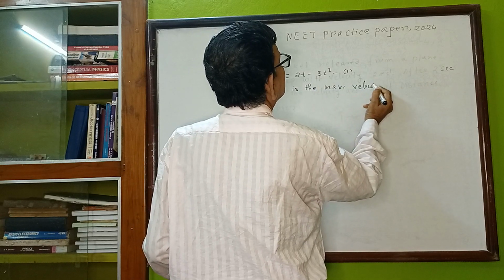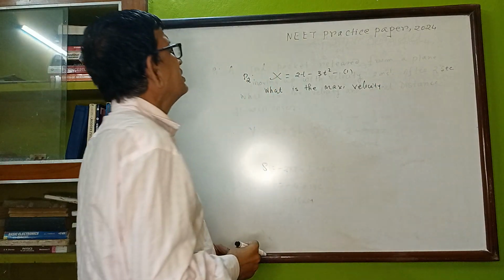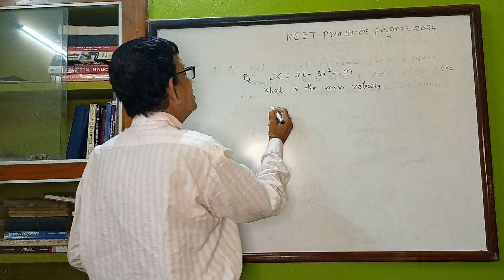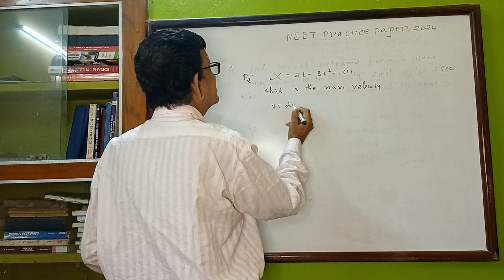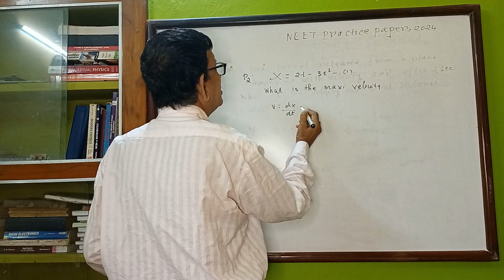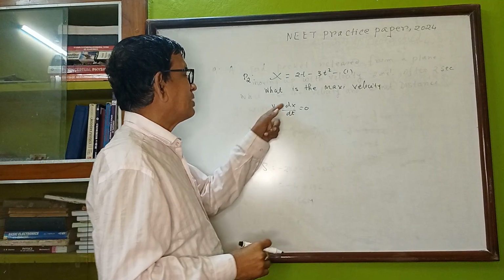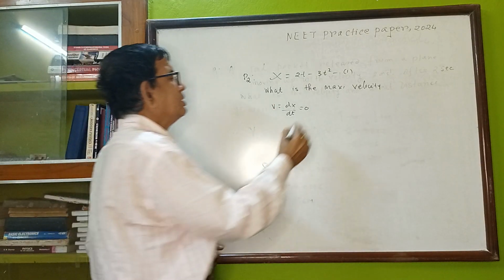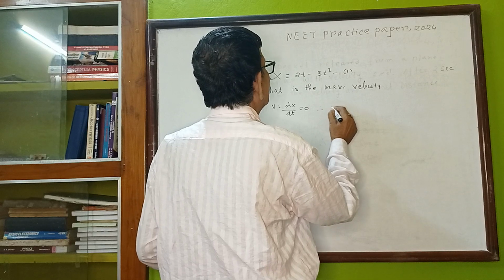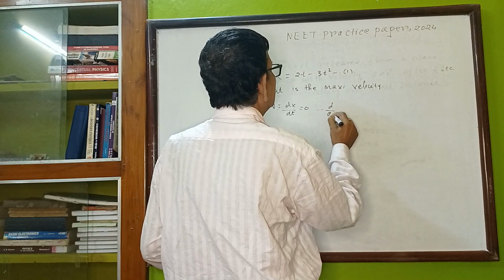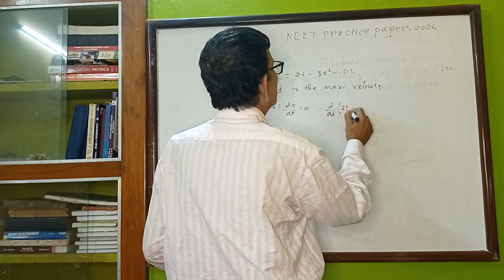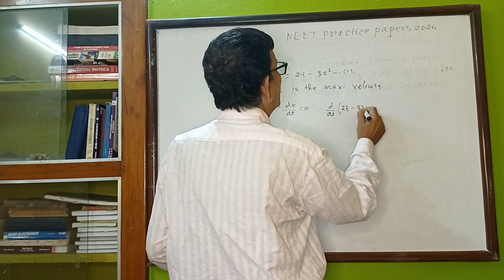Easy. You know velocity equal to dx by dt will be maximum or minimum when its first order derivative is 0. First calculate d by dt of 2t minus 3t square.